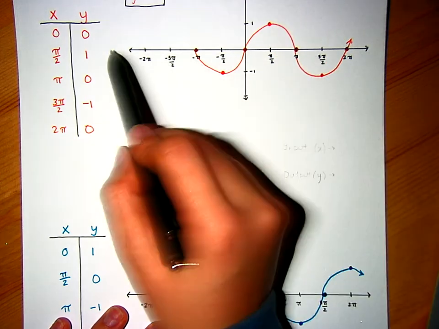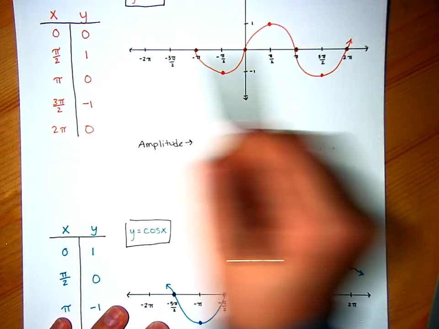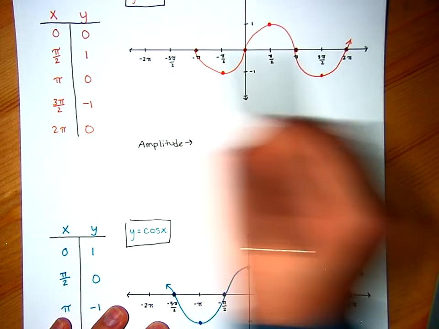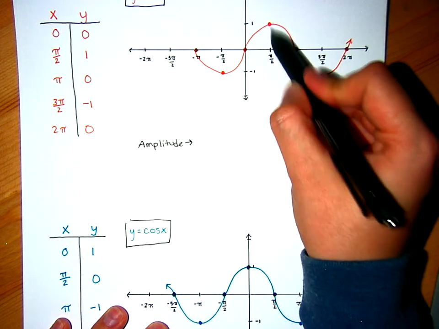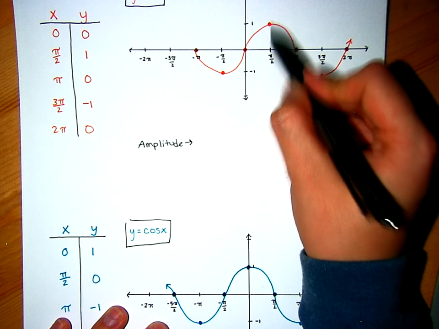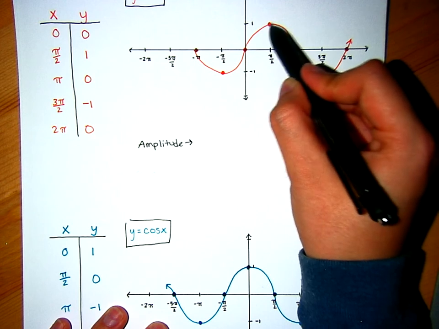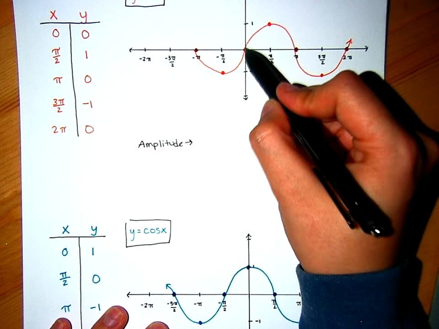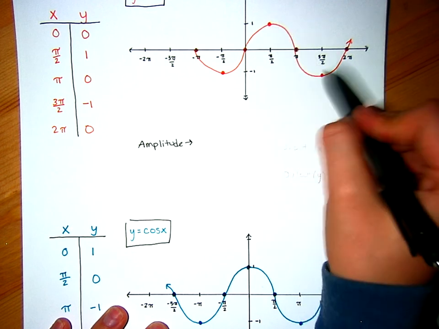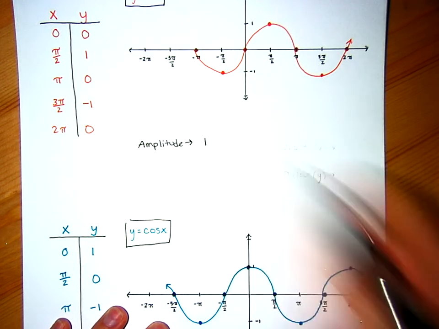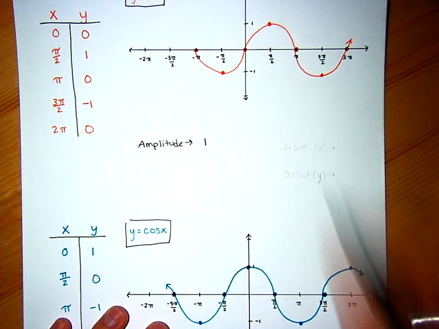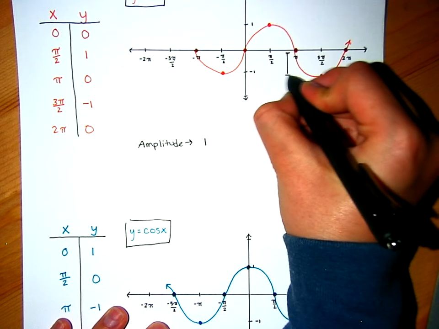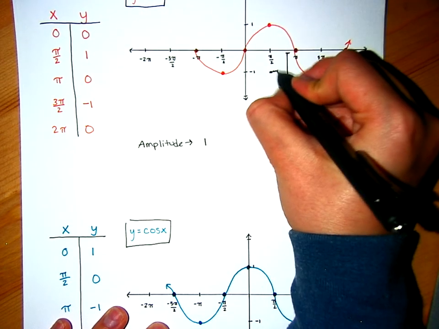Okay, so our parent graph has this middle line that these curves wrap around. For the parent graph, it's the x-axis. So if we want our amplitude, we just need to know how high the tallest point goes or how low the lowest point is. For our parent graph, it's always going to go up 1 and down 1. So our amplitude is 1. And then just so you guys can kind of see that, I'm going to just draw that in. This is our amplitude.